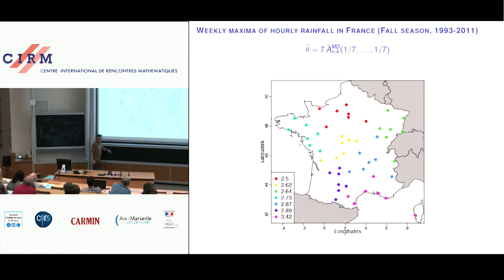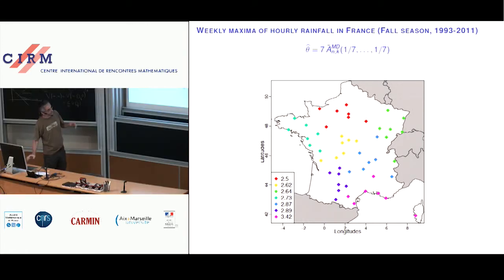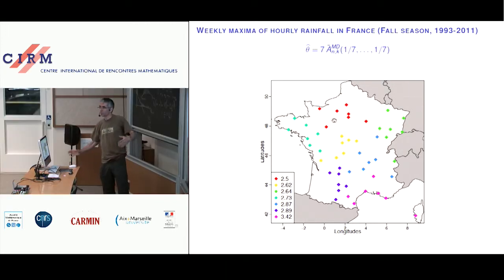So you expect to have very weak spatial structure in this region. But if you look in the north of France, what happens when you have a big storm? Usually it comes from the west or the north, but it's a big front. Okay? And so there is a lot of strong spatial coherence. And so that's why you expect to have a small extremal coefficient.